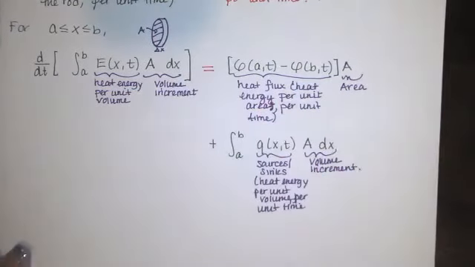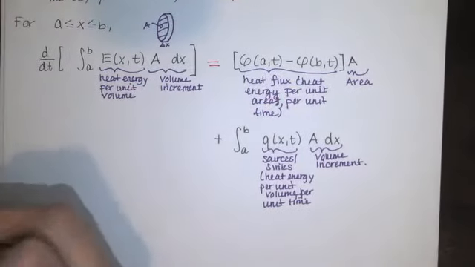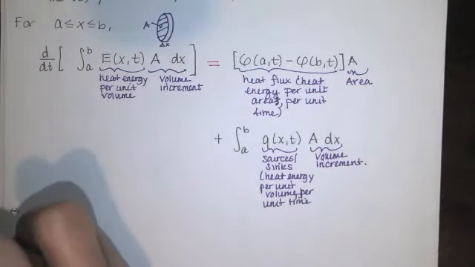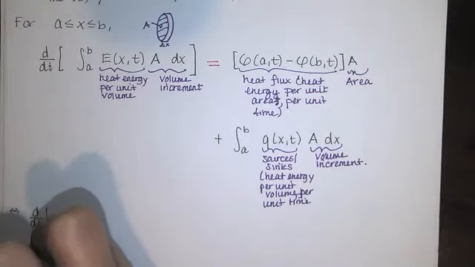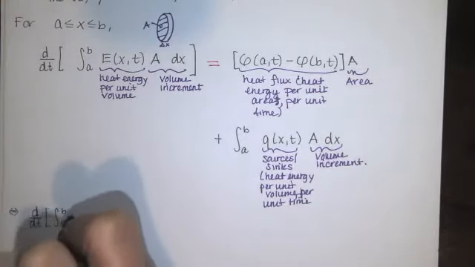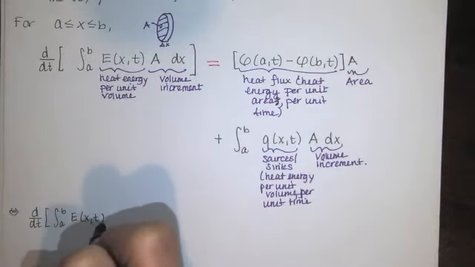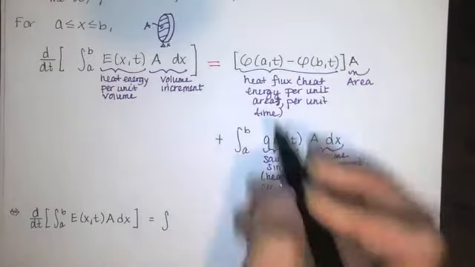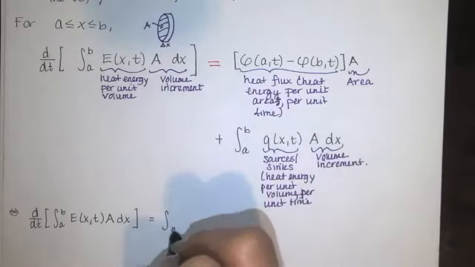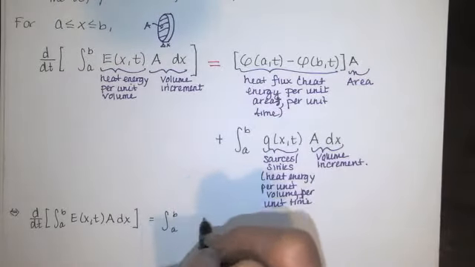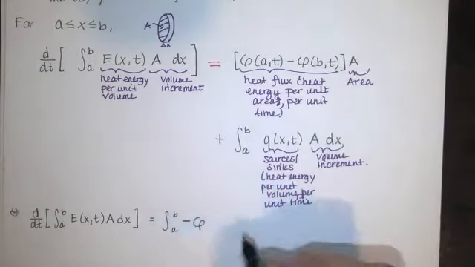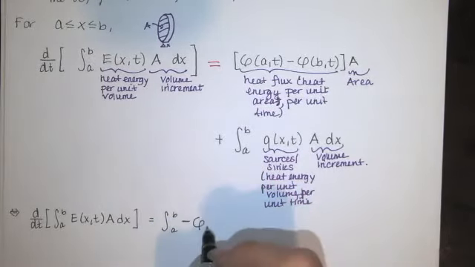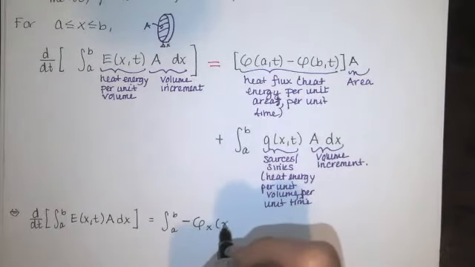So we can replace this with the following. And the left-hand side I'll leave exactly the same. On the right, this can be replaced with the integral from a to b of -1 times the partial derivative of this function with respect to x.